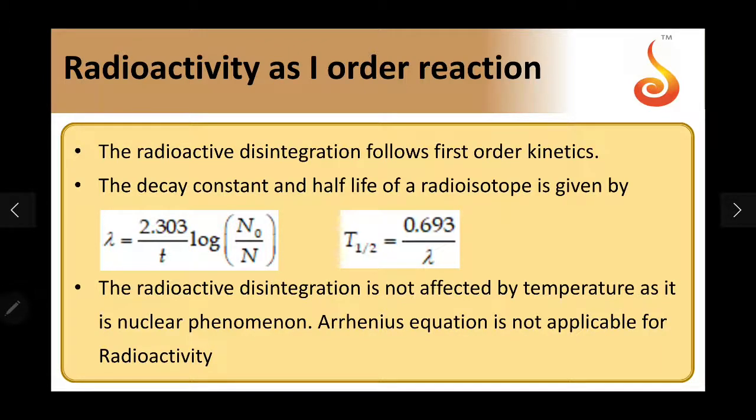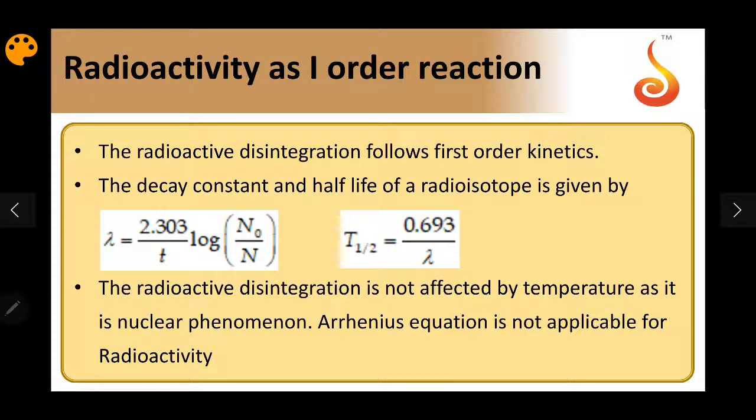Radioactivity is actually a first order reaction. So how can we relate first order kinetics to radioactivity? If I take the radioactive disintegration, the number of nuclei in the beginning is N naught, similar to a. The number of nuclei at any instant of time is N, the same as a minus x, and the rate constant k is the same as the disintegration constant in radioactivity.